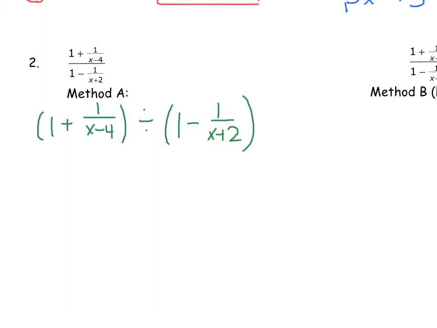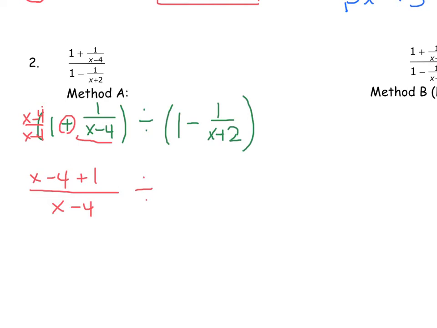All right, so looking at this first fraction, we do know the common denominator is going to be x minus 4. The 1 could multiply by x minus 4 over x minus 4, and then that fraction is going to rewrite with that LCD, and the numerator is going to be the x minus 4, and then we're adding the 1 over here.